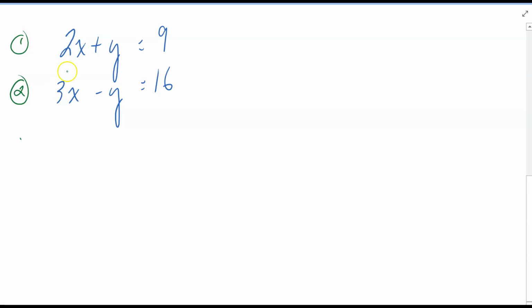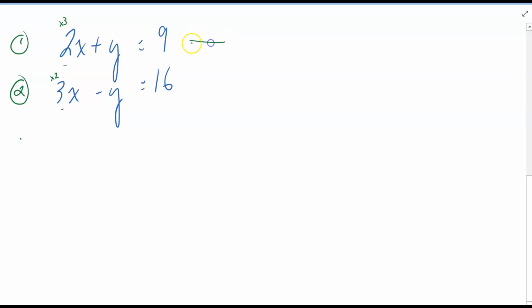Notice we do not have matching coefficients on the x's, but we can make them match because it is possible to multiply through an equation by a constant and not change the equation itself. So if I multiply this first equation by 3, and then I multiply the second equation by 2, notice that we will have the coefficients of 6x in both.